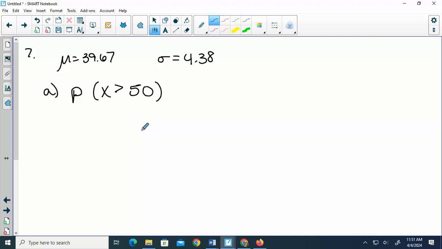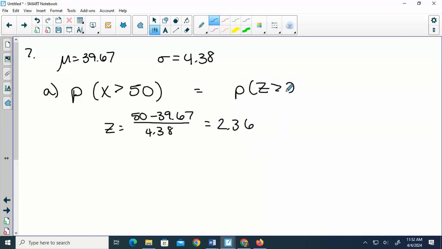So what do? Z-score. Z is our value minus the mean divided by standard deviation. So that is 2.36. Which is find the probability that Z is greater than 2.36.